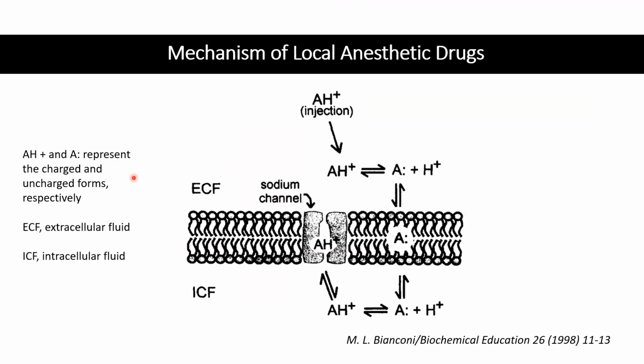Now let's go through the mechanism of action of the local anesthetic drug. The local anesthetics work by blocking nerve impulses from the action potential in neurons, and they result in temporary anesthesia. This is done by binding to and blocking the ion channel that allows sodium ions into the neuron.